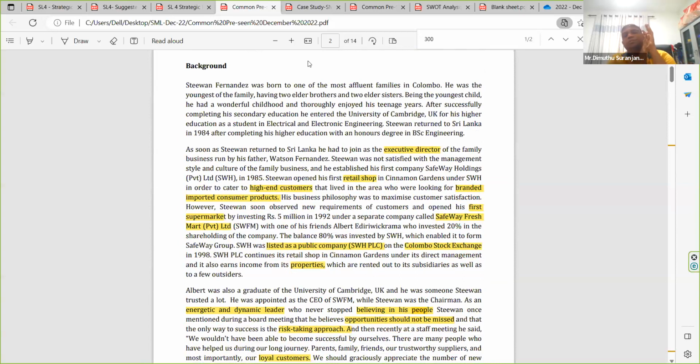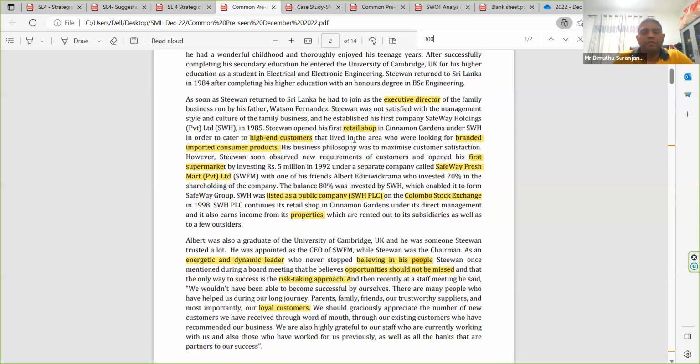He was the youngest of the family, having 2 elder brothers and 2 elder sisters. Being the youngest child, he had a wonderful childhood and thoroughly enjoyed his teenage years. After successfully completing his secondary education, he entered the University of Cambridge, looking for higher education as a student in electrical and electronic engineering. Stephen returned to Sri Lanka in 1984 after completing his higher education with an honors degree in BS engineering. Nothing about his leadership style, no?